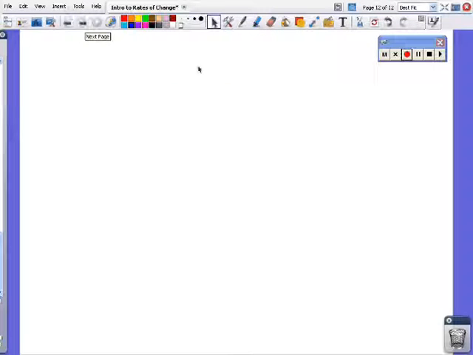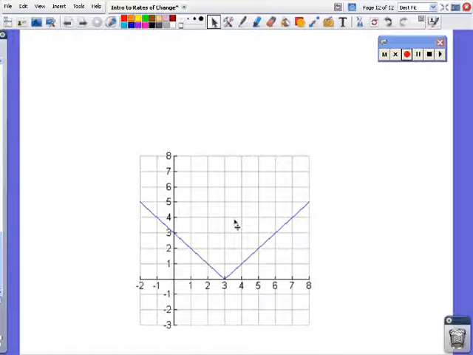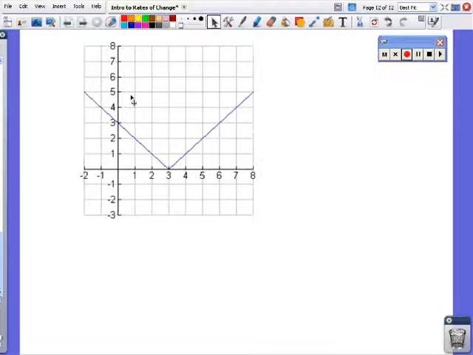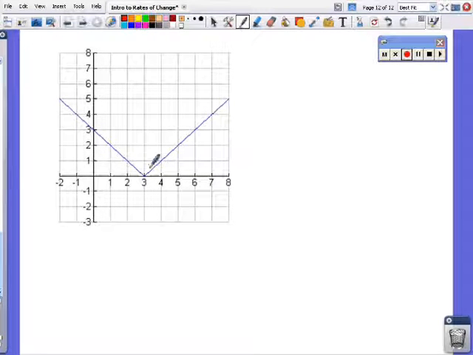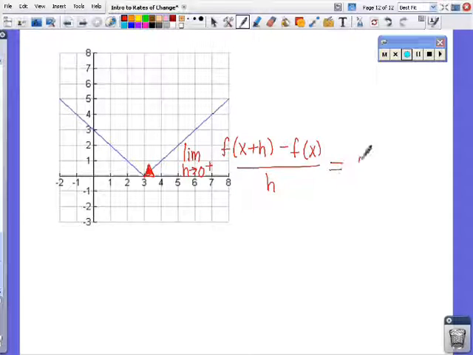So the slope coming in from the right, the limit as h goes to 0 from the right of f of x plus h minus f of x all over h, that was 1. In blue, coming this way, the limit as h goes to 0 from the left of f of x plus h minus f of x all over h, that was negative 1. What do we know about limits?